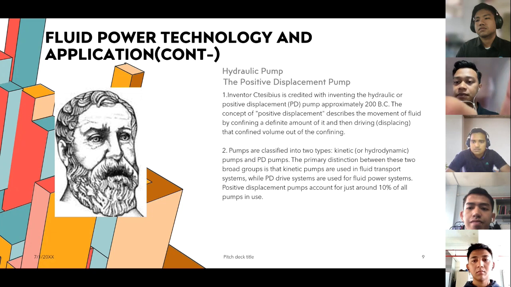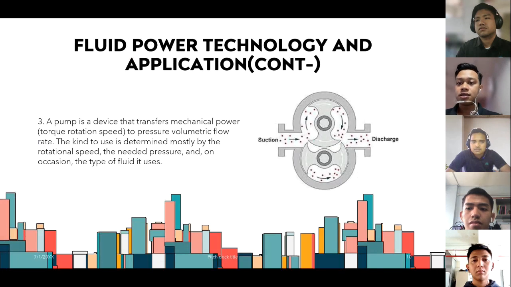Positive displacement pumps account for just around 10% of all pumps in use. A pump is a device that transfers mechanical power, torque and rotation speed, to pressure and volumetric flow rate. The kind to use is determined mostly by the rotation speed and needed pressure. On occasion, the type of fluid is also considered.